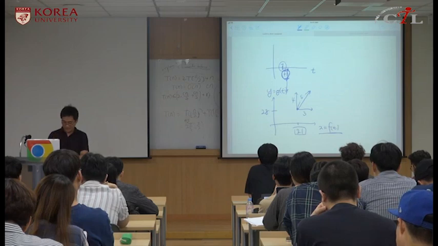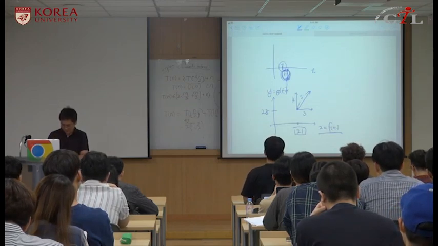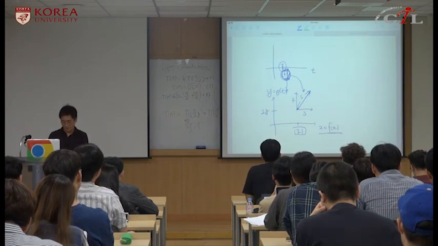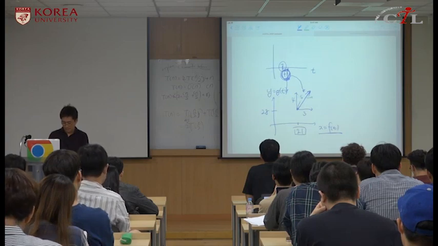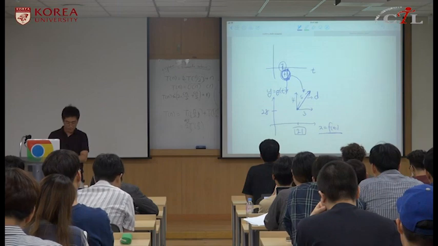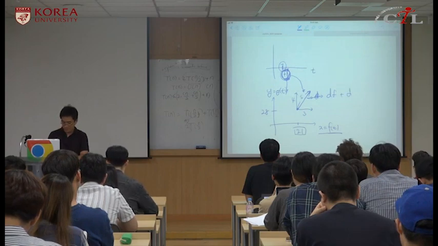So this causes changes in terms of this vector, which can be decomposed: this vector is d of f plus d of g.